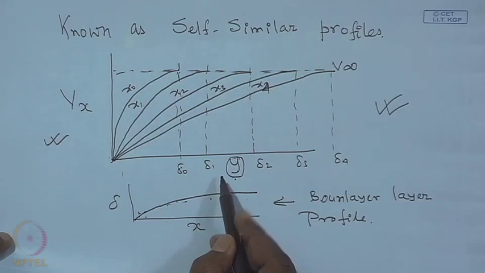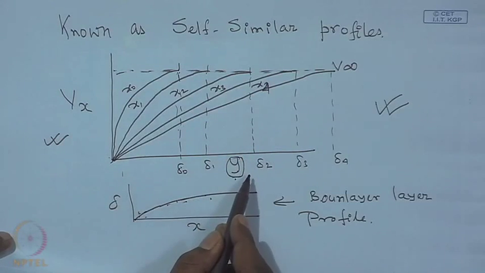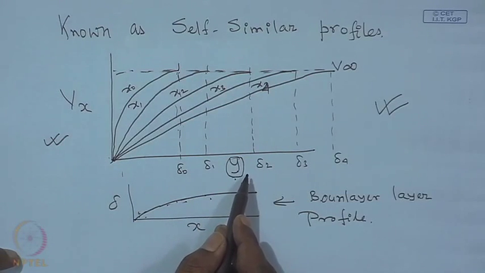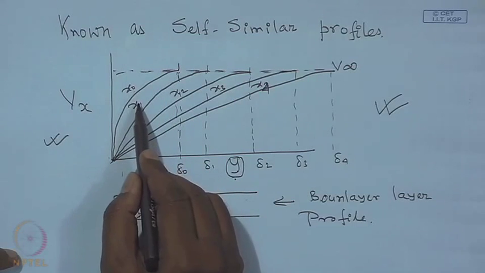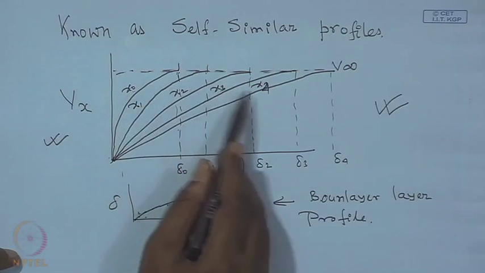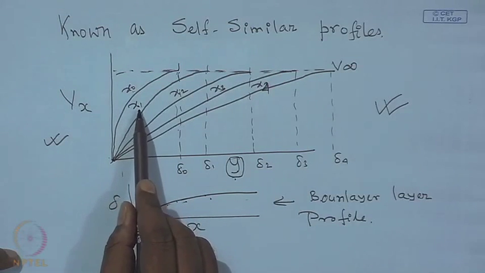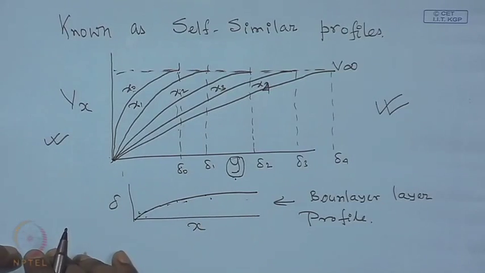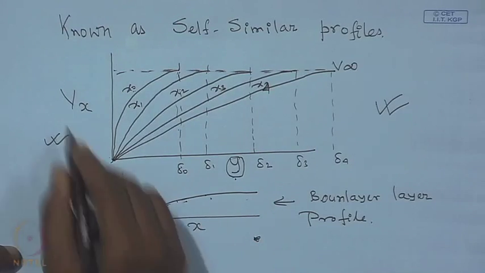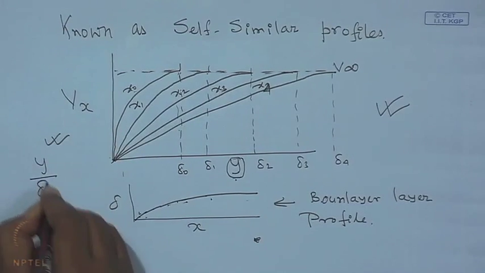Since we are now not differentiating the values x 0, x 1, x 2, x 3, x 4, we are not differentiating at what location we are talking about, because we are normalizing. We are plotting V x as a function of y by delta.